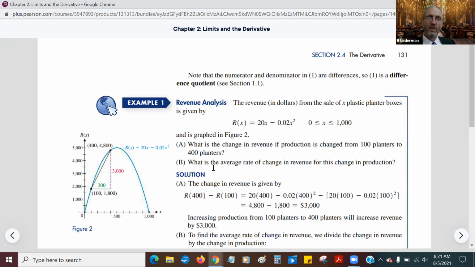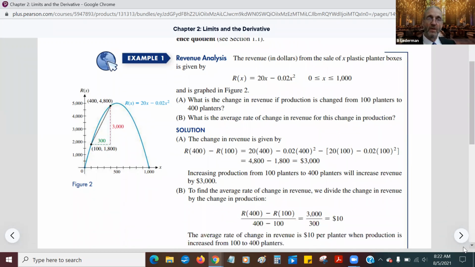Let's look at question B. What is the average rate of change in revenue for this change in production? The average is going to be the difference in revenue divided by the difference in units. Average is on a per unit basis.